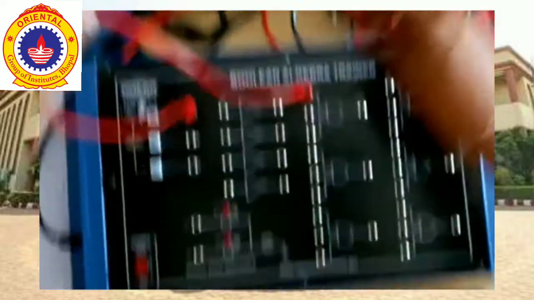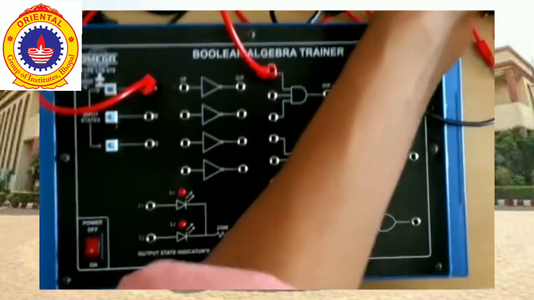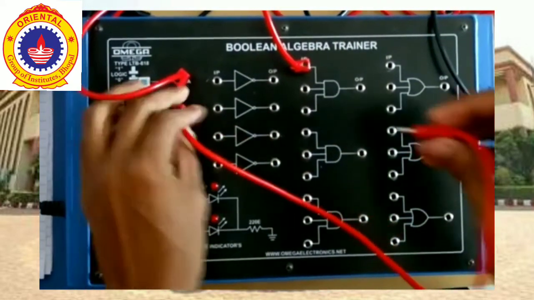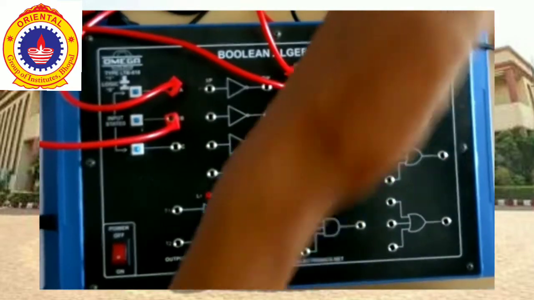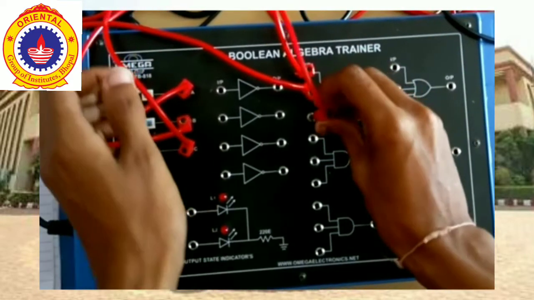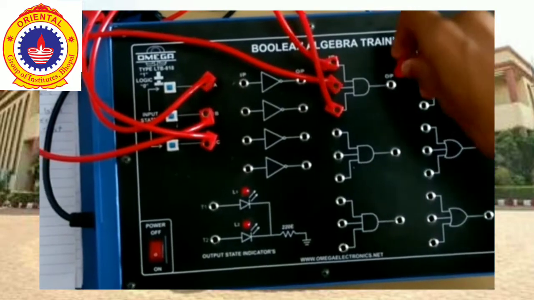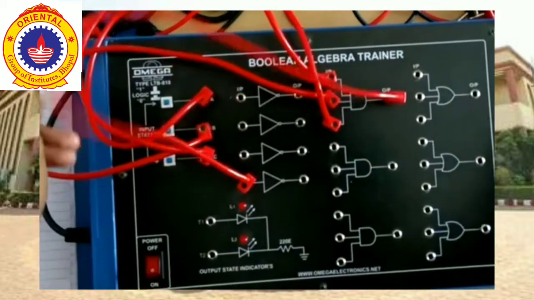Students, this is the Boolean algebra trainer kit, and with this we will verify De Morgan's theorem. First of all, we need the three inputs. As you can see, we have three inputs here, and we are giving those inputs directly to the AND gate. We give the AND gate's output to the NOT gate, and the NOT gate's output to the LED indicator.